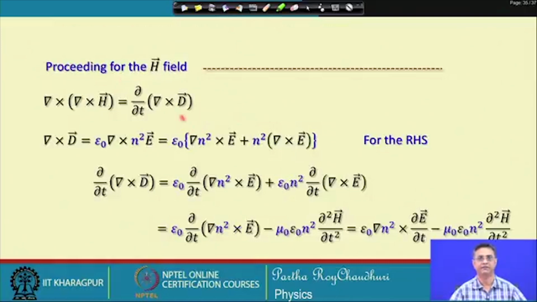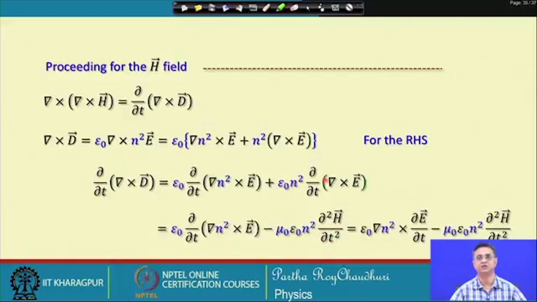For the magnetic field, we can similarly write down the left hand side, that is curl of H, which is equal to del t of curl of D, but this curl of D you can again write in this form, epsilon naught curl of n square E. So, using this identity for del cross n square E, for the right hand side we can write del n square cross E plus n square del cross E. Now, this del cross E is again known to us beforehand, equal to minus mu naught del H del t.